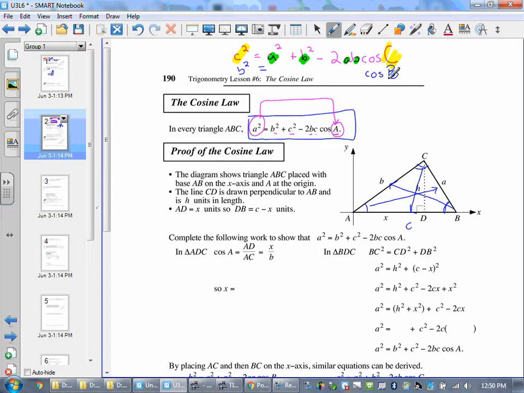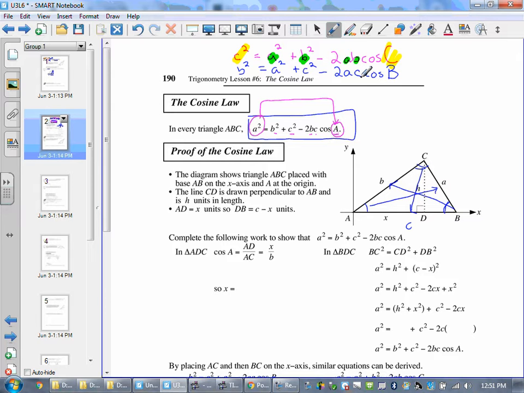The other two sides, which are A and C. So A squared plus C squared minus 2AC. So we could rewrite this law just like with our sine law for whatever side we're trying to solve for. Kind of makes sense? Maybe it'll make more sense when we do a couple of examples. Ava, did that help a bit?